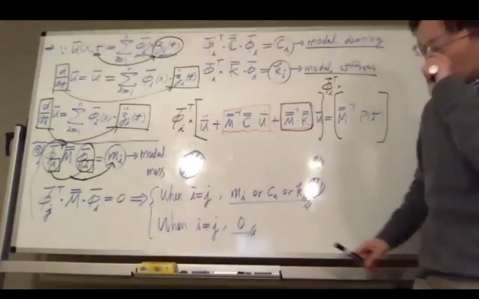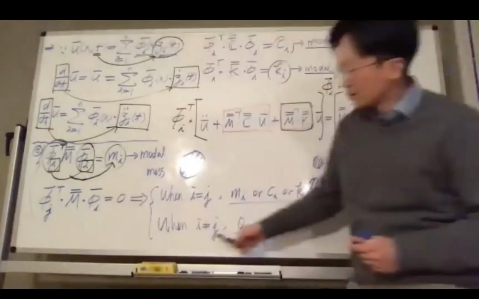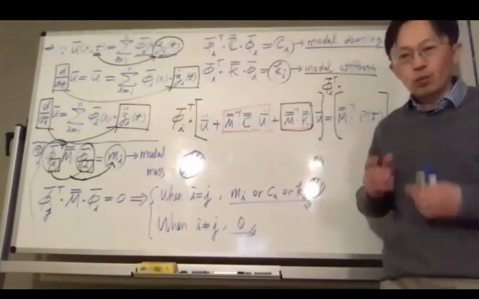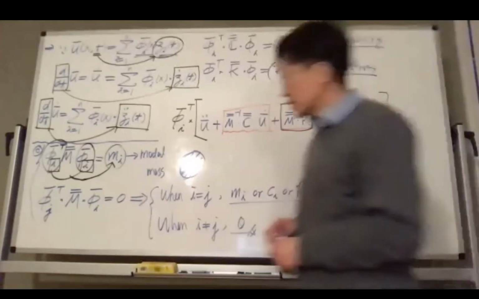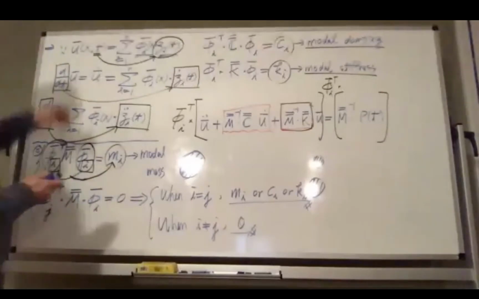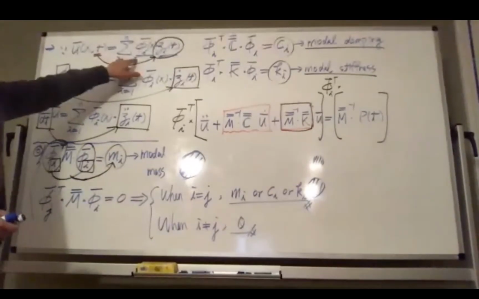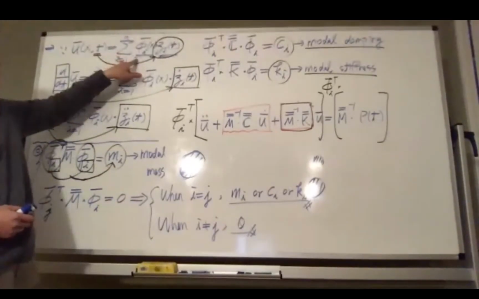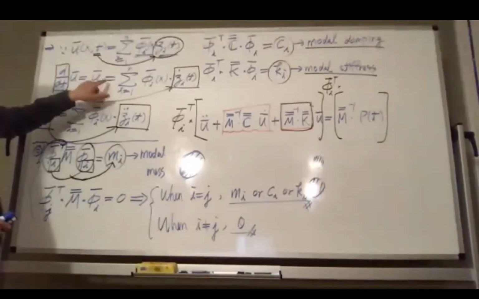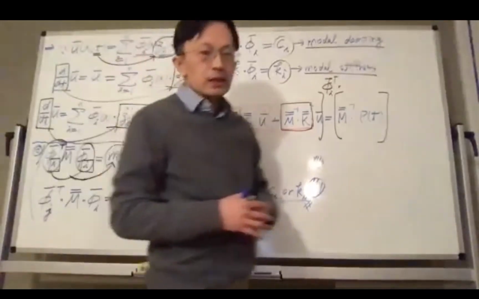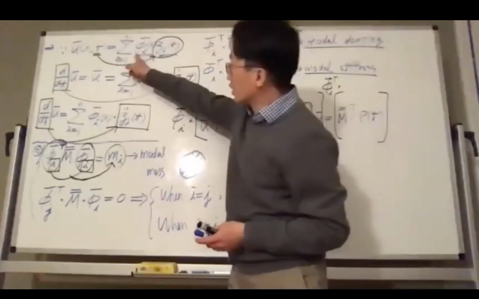Right? So this modal orthogonality will give us one very important and unique result, which is because the dynamic displacement is simply just the superposition of mode-shaped vectors in generalized coordinates. And no matter if you differentiate with respect to time once or twice, it does not change the mode-shaped vector. Did you notice that?